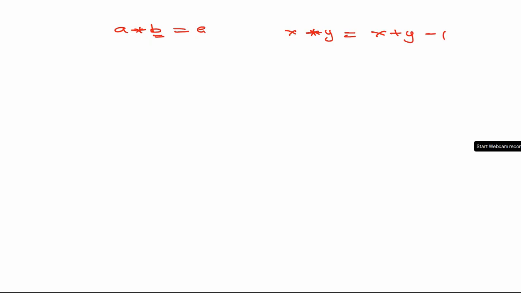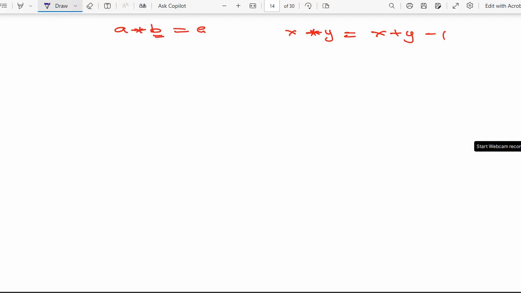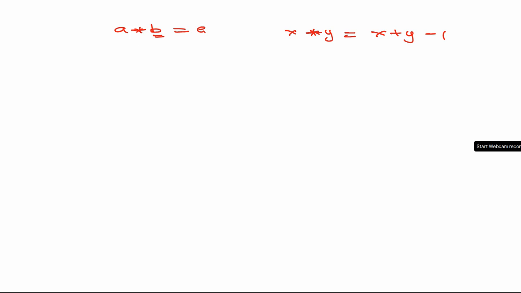What information do you get from here? The information is very simple. Let's try to use blue. As we can see, a is related to x and b to y.